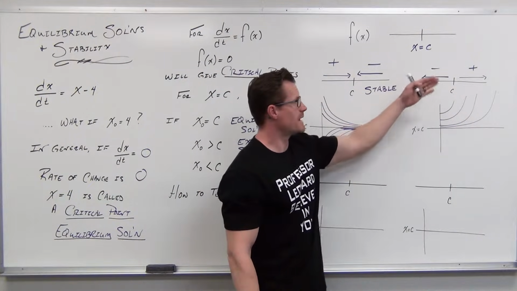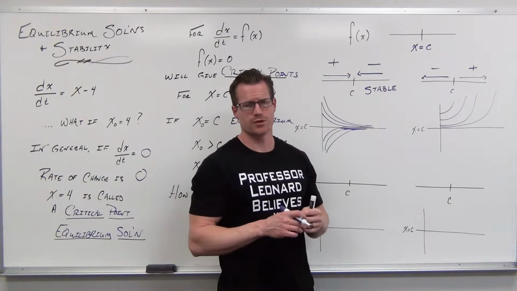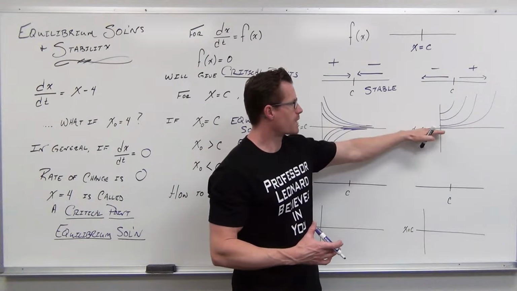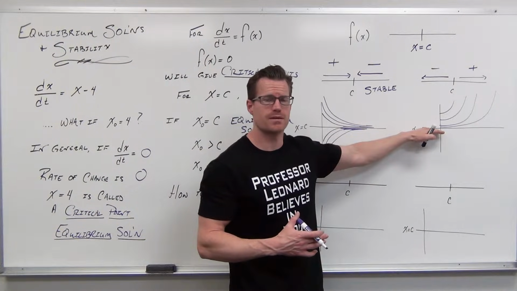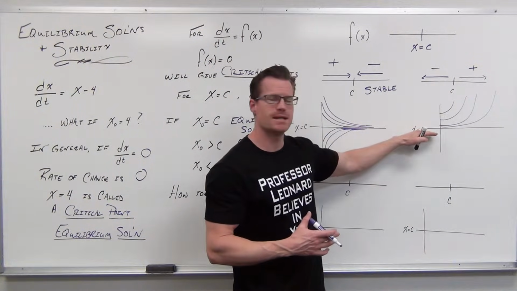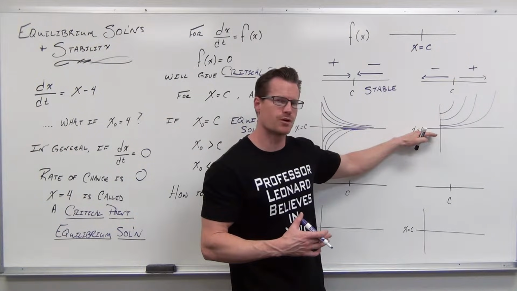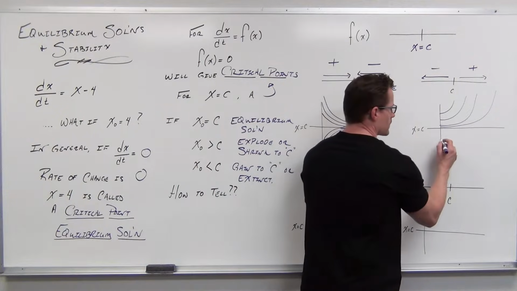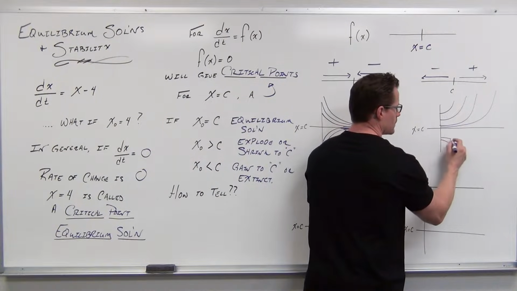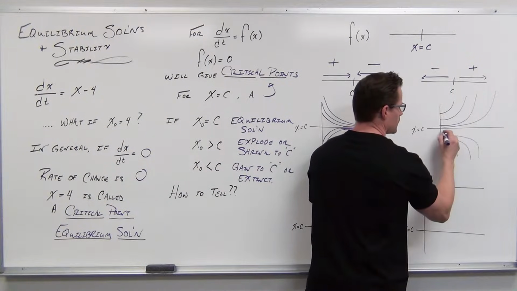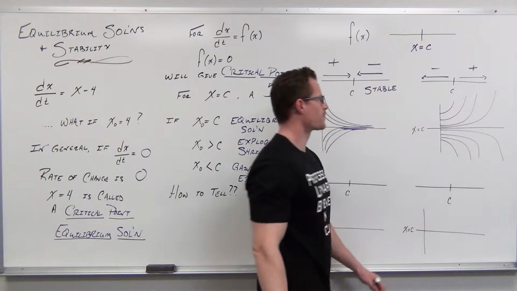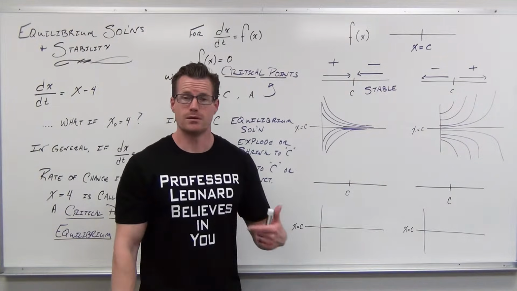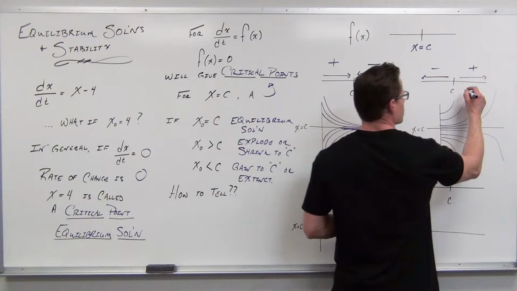If we plug in a number less than our critical point into our first derivative, we get something negative. Then for every initial condition less than that critical point, we would have a negative slope. Negative slope means the function is decreasing. So I'm starting here and it's decreasing. That's going to look like this. That is what we call an unstable critical point.